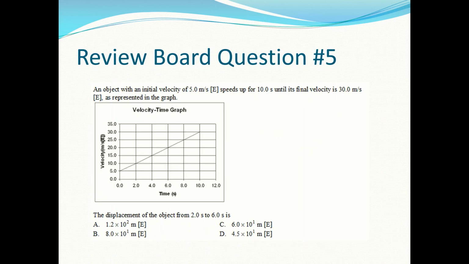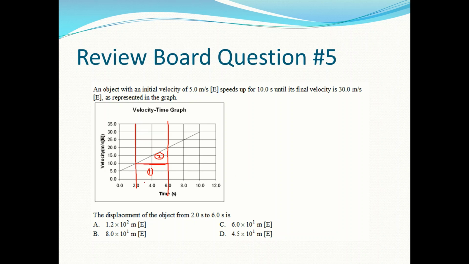And then this one, the displacement of the object from 2 to 6 seconds. So we want to go from 2 to 6, so we don't want to use the whole thing. So we have to find the area under the graph. So we have to find this, and we have to find this. So we have to find those two areas.